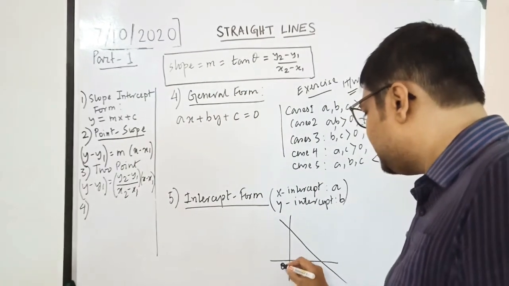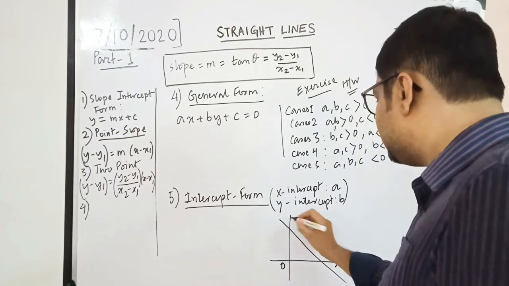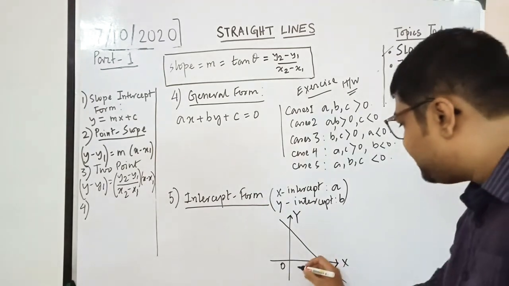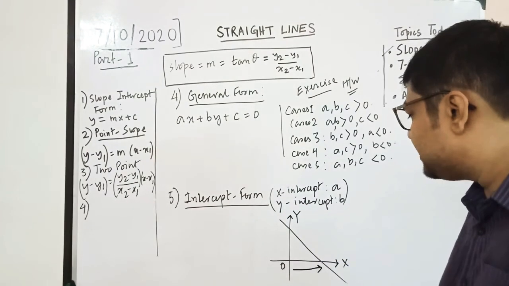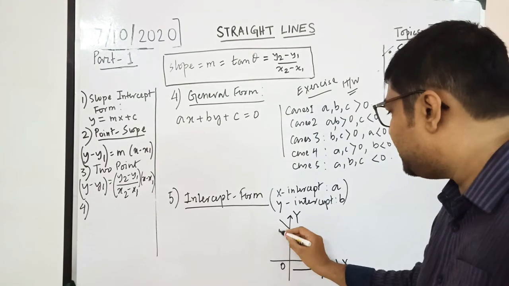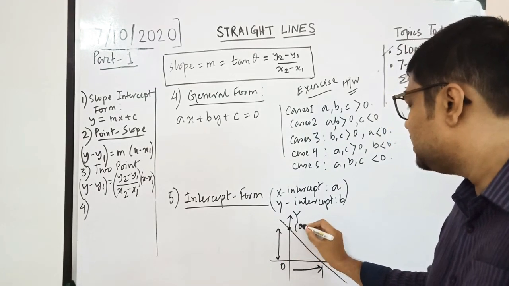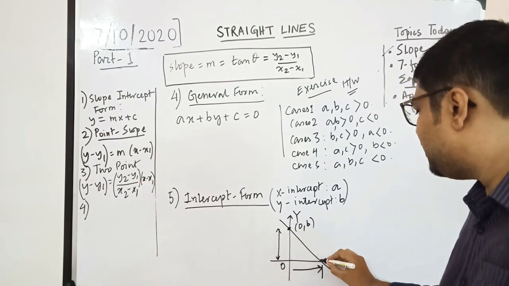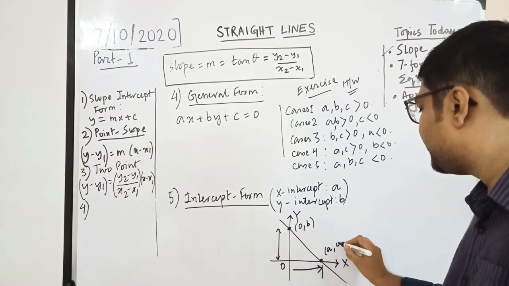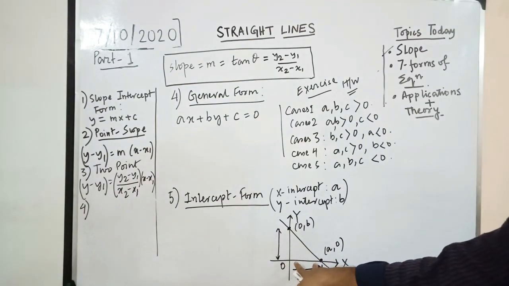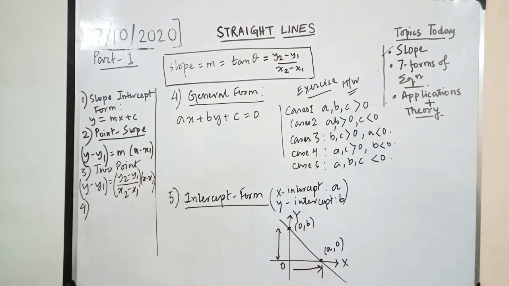So it looks like this, say something like this, a straight line. This is the origin, and this is x-axis and this is y-axis. So you can see the straight line cuts this part from the x-axis, and this much part from the y-axis. So this point is 0 comma b, and this point is a comma 0. So a units it cuts from the x-axis, b units it cuts from the y-axis.